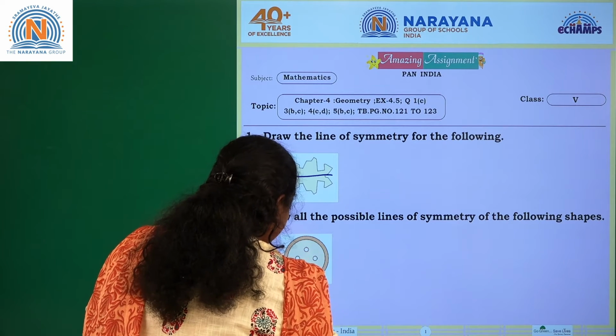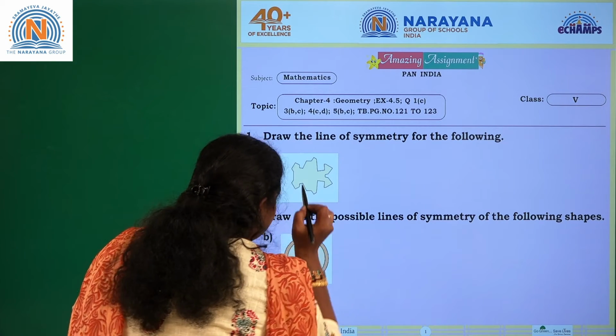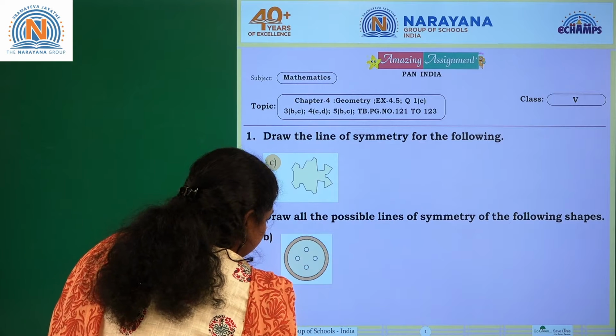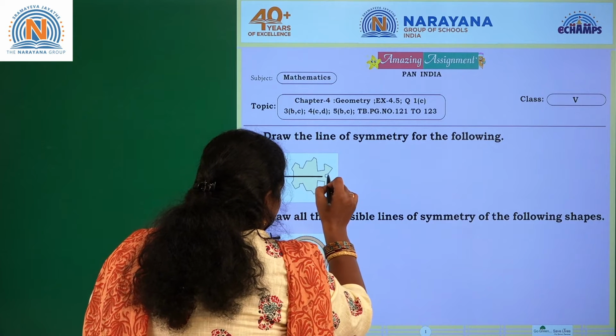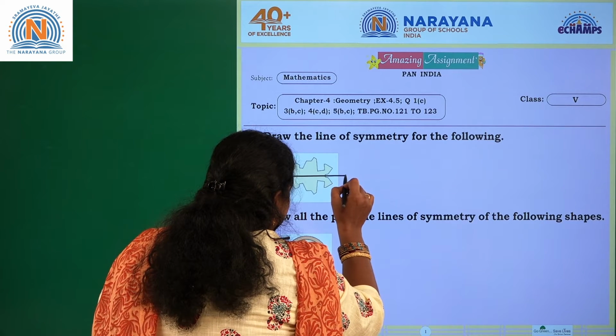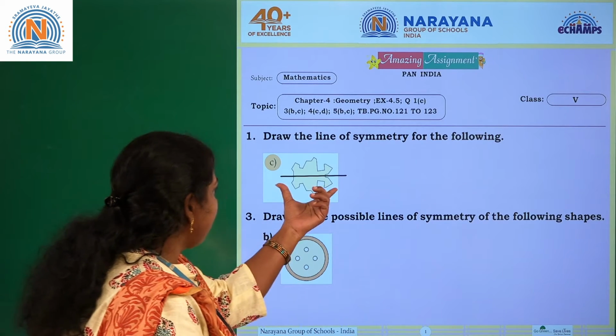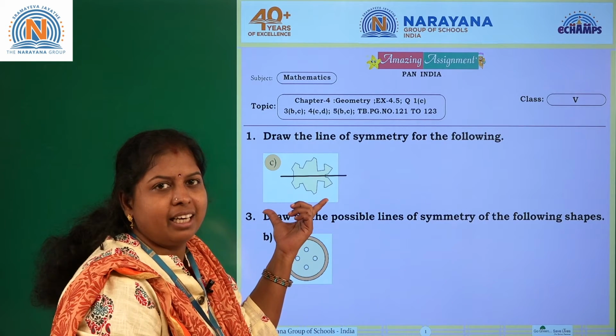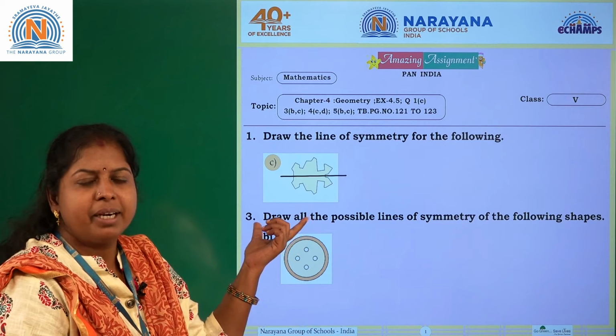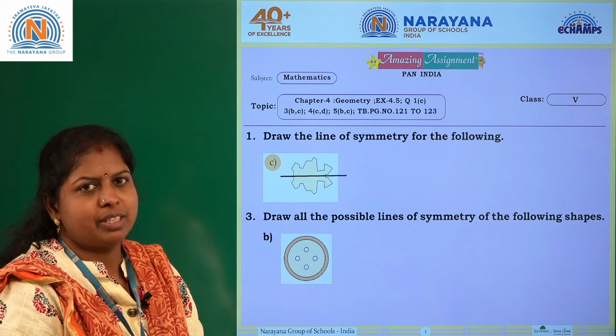I have to take a line in such a way that it sits exactly in the middle. Then my picture will become symmetrical, and this line is known as the symmetrical line, or line of symmetry.